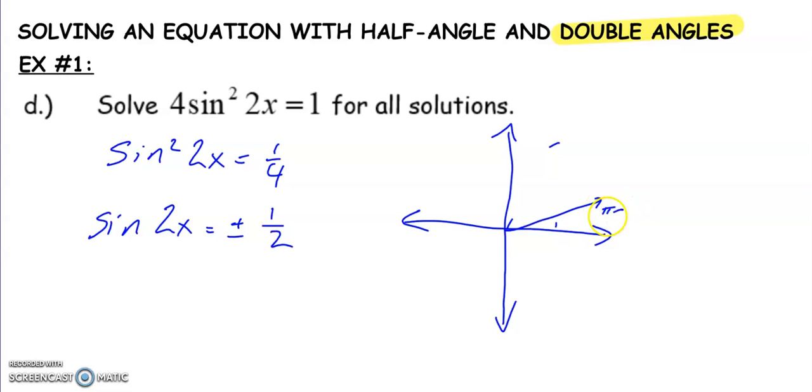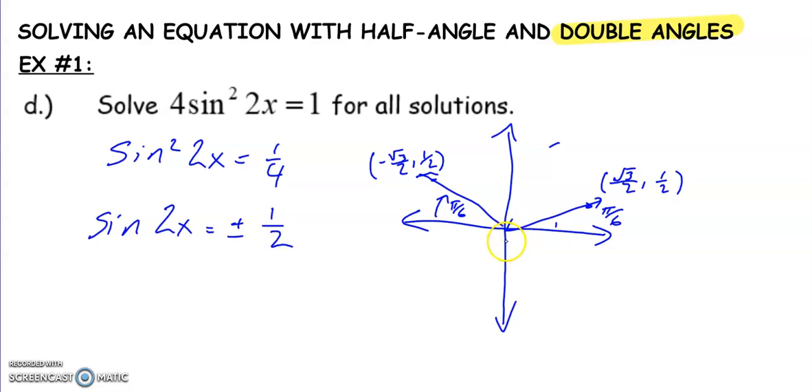It's again pi over 6, because that's going to be at the radical 3 over 2 and 1/2. There's my first positive 1/2. I've got this one. Again, we're talking the reference angle of pi over 6. And that is going to be the point negative radical 3 over 2 and positive 1/2. So there's my positive 1/2.